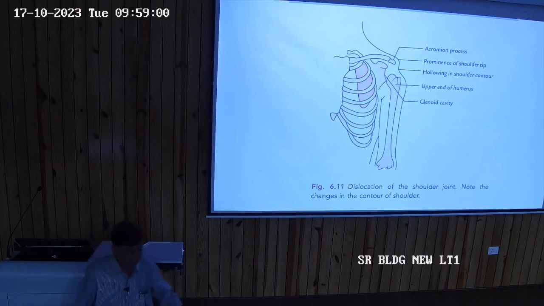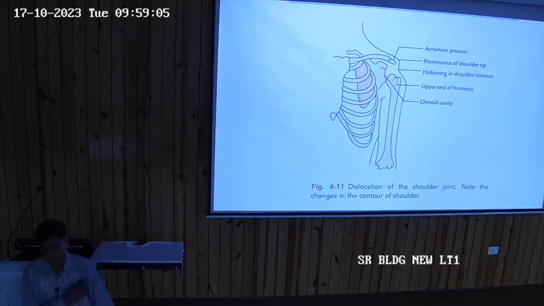Now the important point: when a person comes with displacement or dislocation of the shoulder joint, what will be the position? As I told you, normally the contour of the deltoid is very nice and we don't feel any gap. But if there is a dislocation, look here, there is a hollow in the shoulder contour. That indicates a dislocation of the shoulder joint.